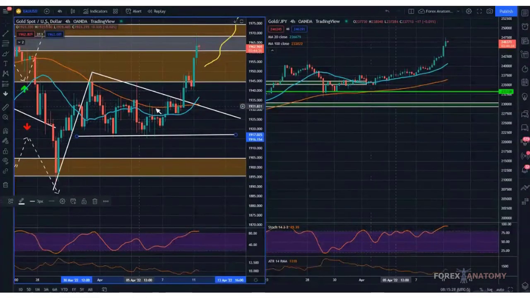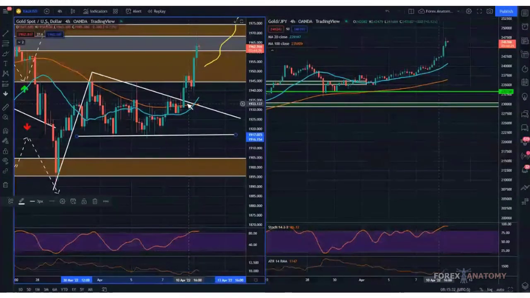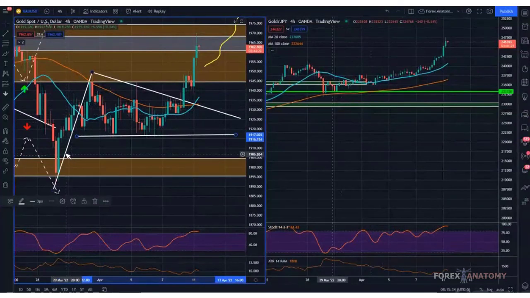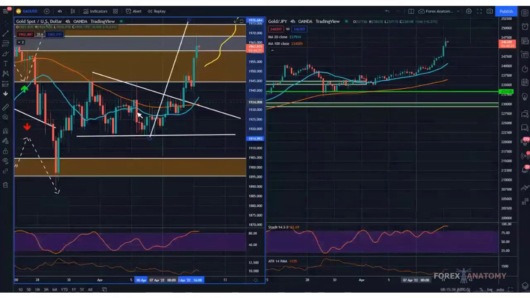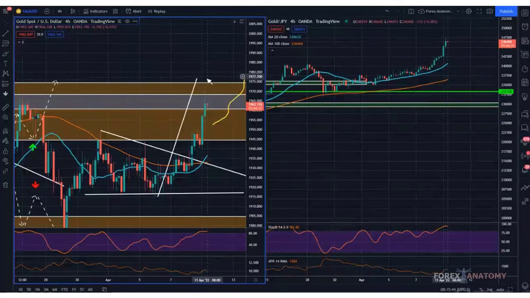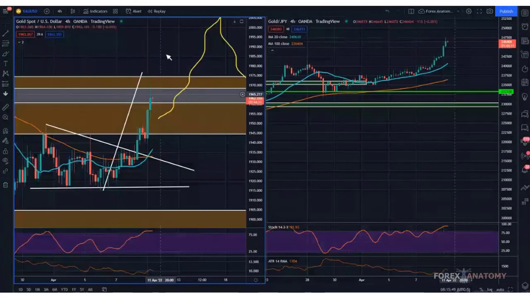Whenever you see something like this and a break to the upside, that can lead to a momentum shift to the upside. If we were to drag this pole and take it at the bottom, what we would see is that price will test the highs or give us a breakout of this consolidation. Then hopefully we would see price continue pushing and expanding to the upside.